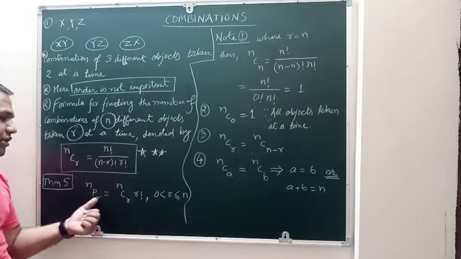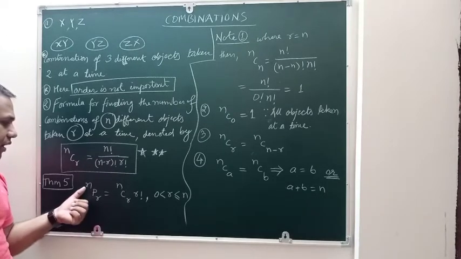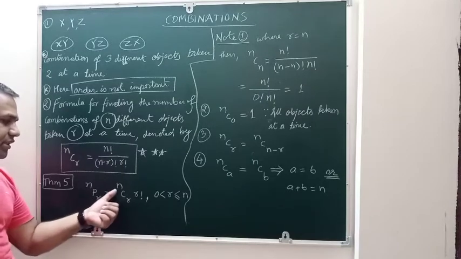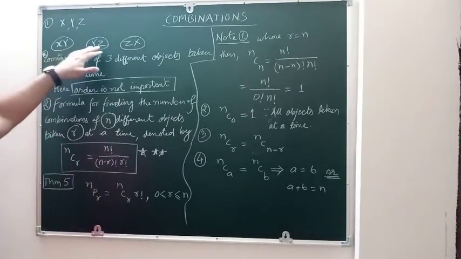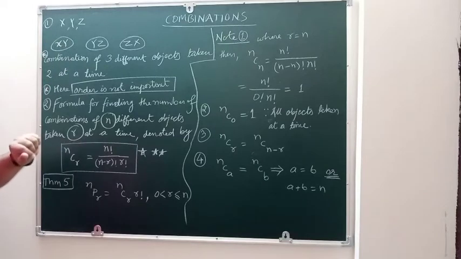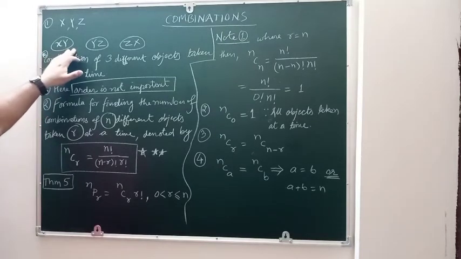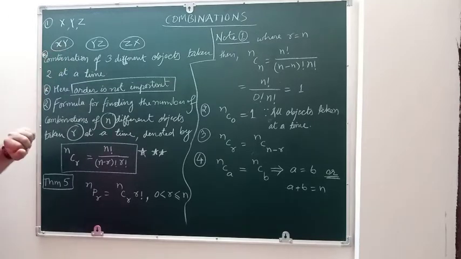Now coming to theorem 5, it states the relationship between permutation and combination. In combination we have just selected the people, whereas in permutation we will arrange them also. That means if order matters, x coming first and y second is one order, and y coming first and x second is another order.